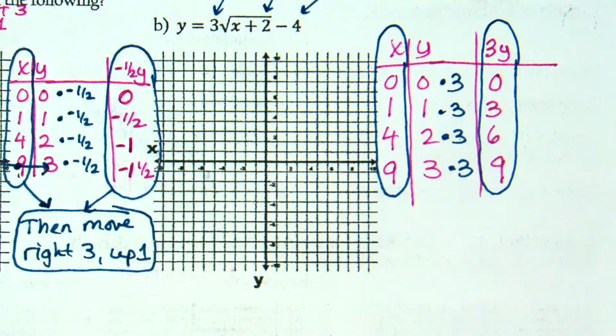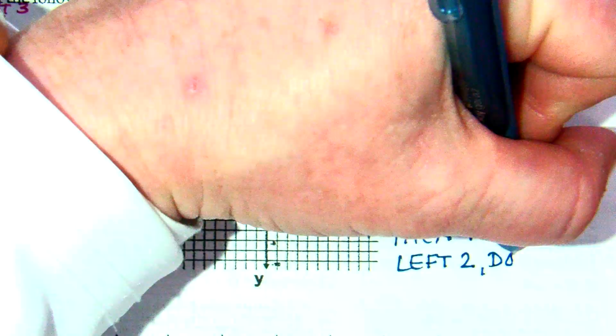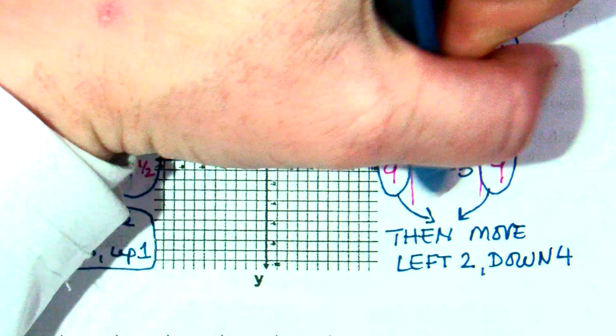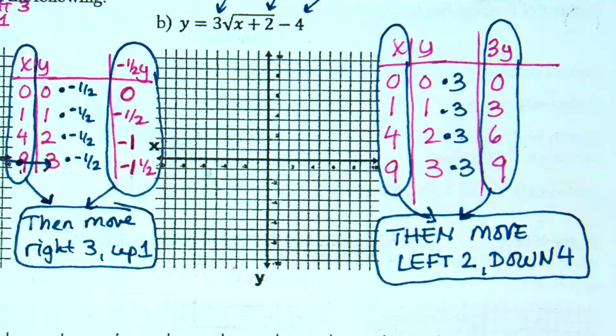And then after we graph those points, then what are we going to do? Yeah, then we will take each of those points and move left 2, down 4. Okay. So, start graphing the points.